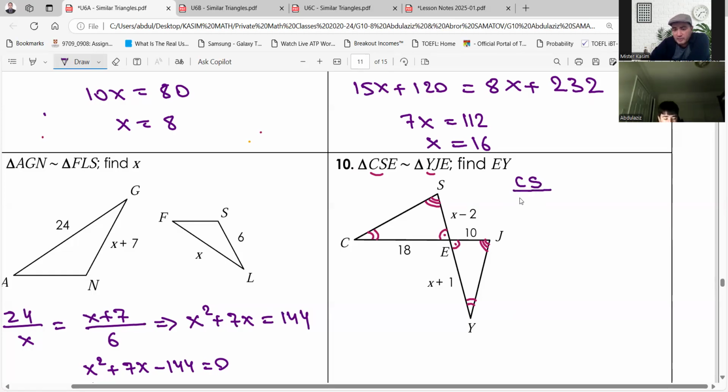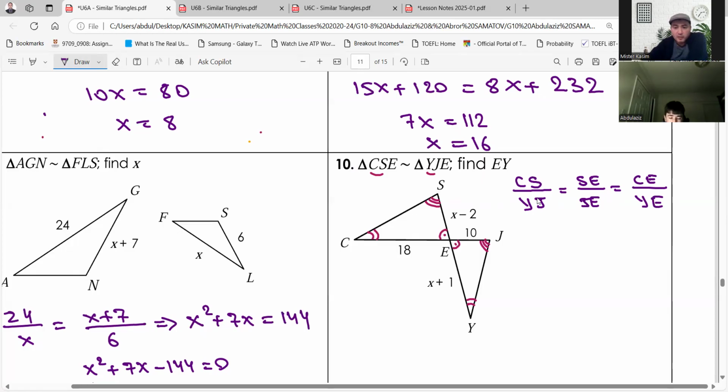YJ, right? And how about SE? JE. And how about CE? YE. Okay, the first thing you have to write like this if you are not sure.